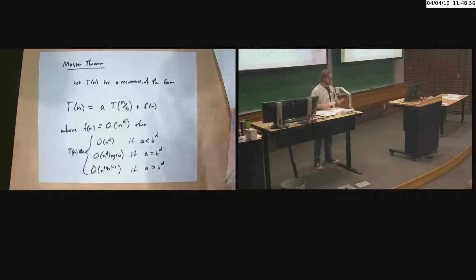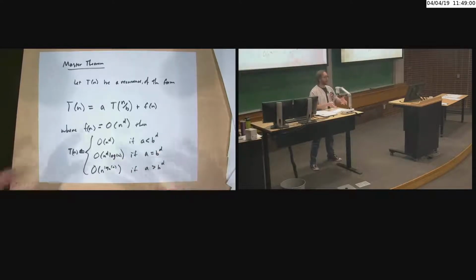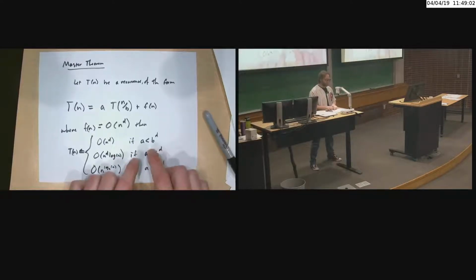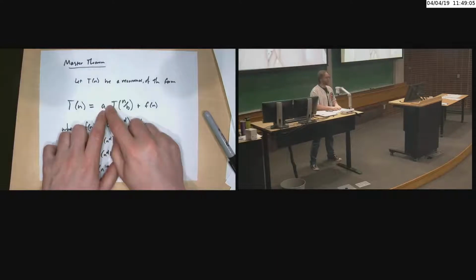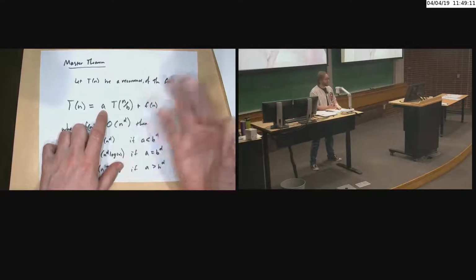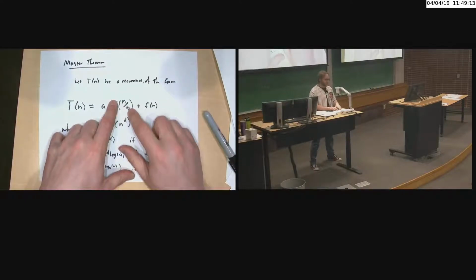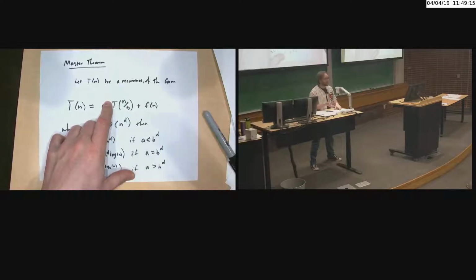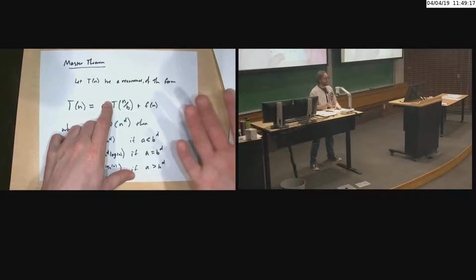Now, if this were 235, I might even derive this and show you why it works this way. But basically, this is capturing the number of recursive calls that you make. If it's 2, then you make 2 recursive calls. If it's 3, you make 3 recursive calls. This is characterizing how much you're cutting the input down each time that you make a recursive call.